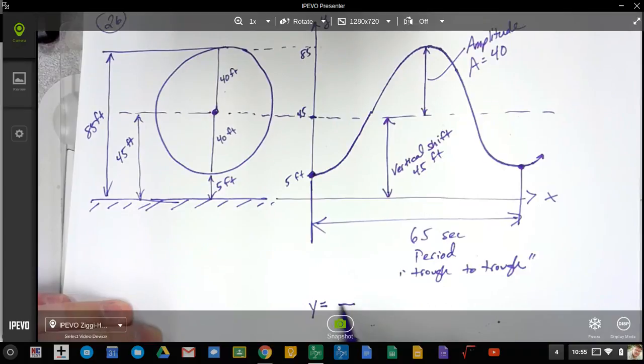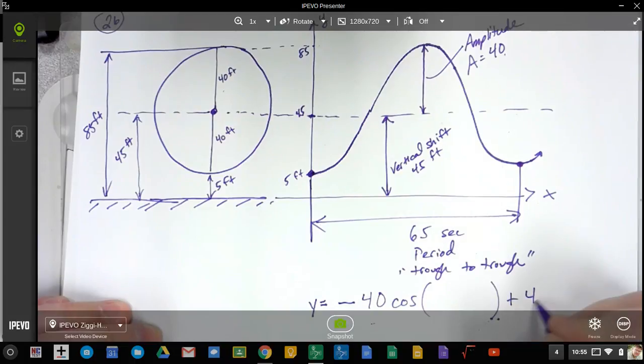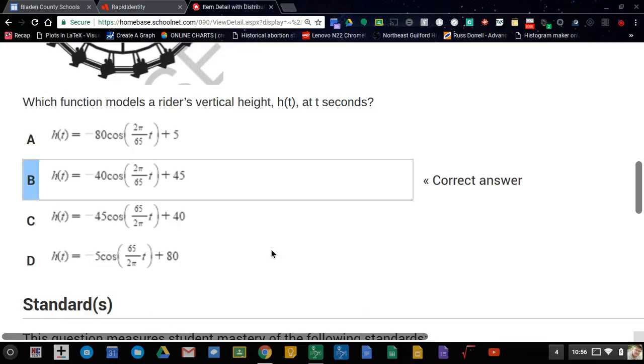So that requires a negative sign there. My amplitude is 40. Then I have cosine of something inside. My vertical shift is plus 45. Okay. So guys, just that alone, can I come over here and make a choice as far as my correct function? Yeah, we can.